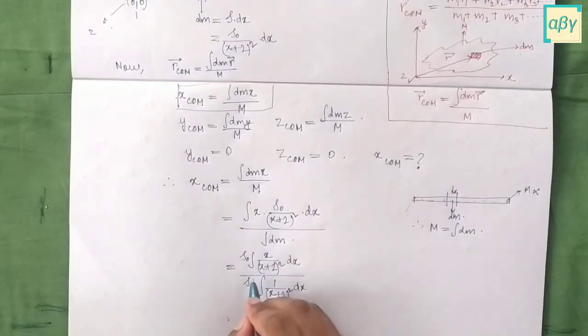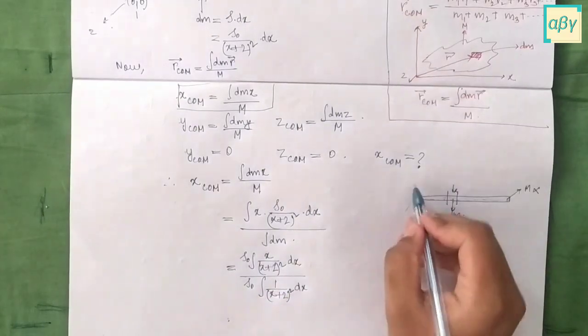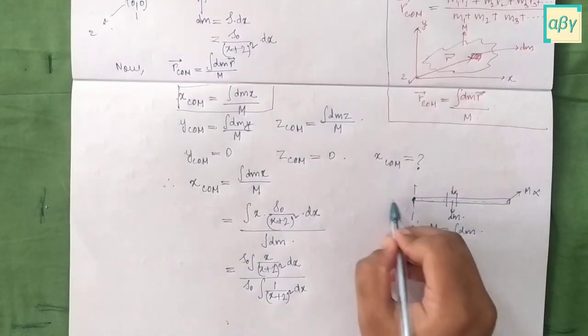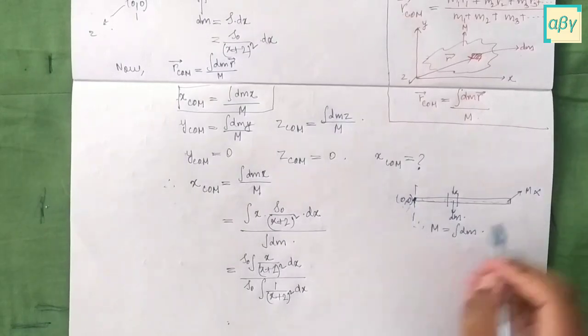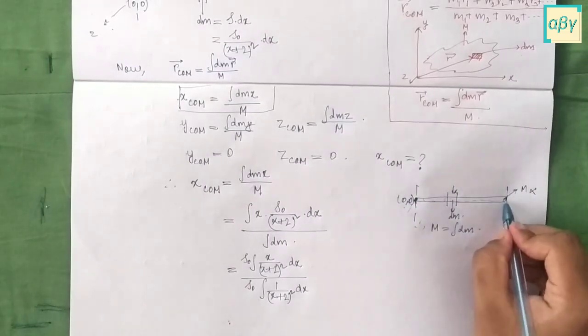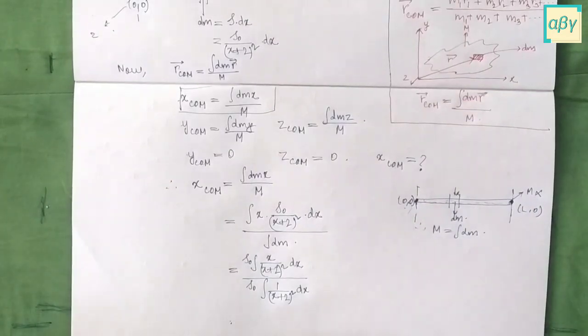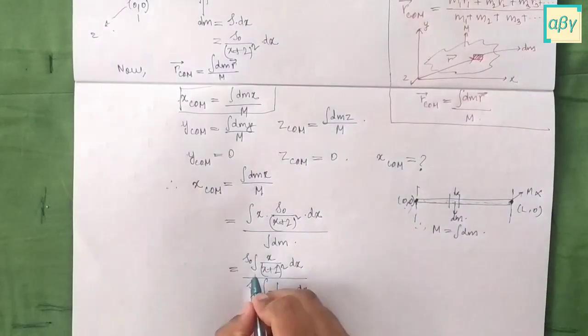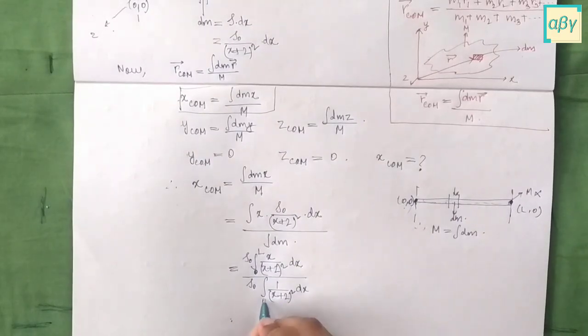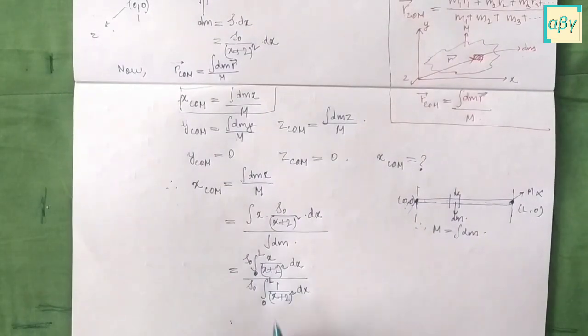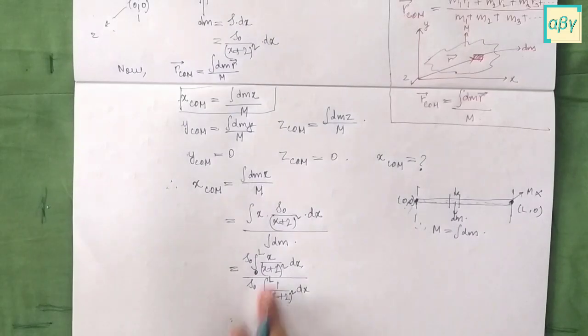Let me give you the limits. Our rod originates from the origin and ends at the coordinates (L, 0), since it is along the x-axis. So the limits of integration will be from 0 to capital L, and similarly in this case also, from 0 to capital L.